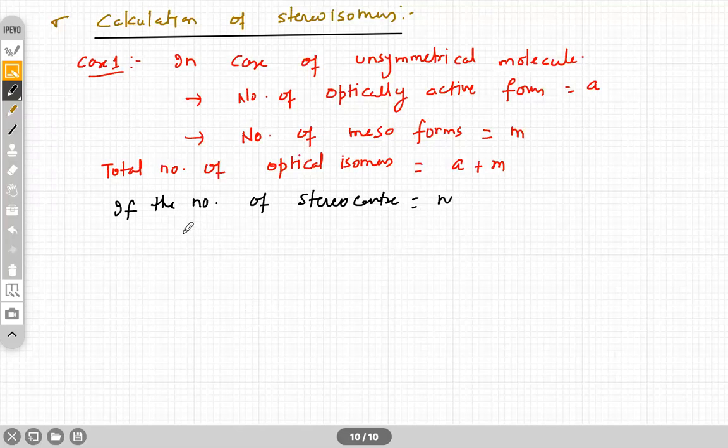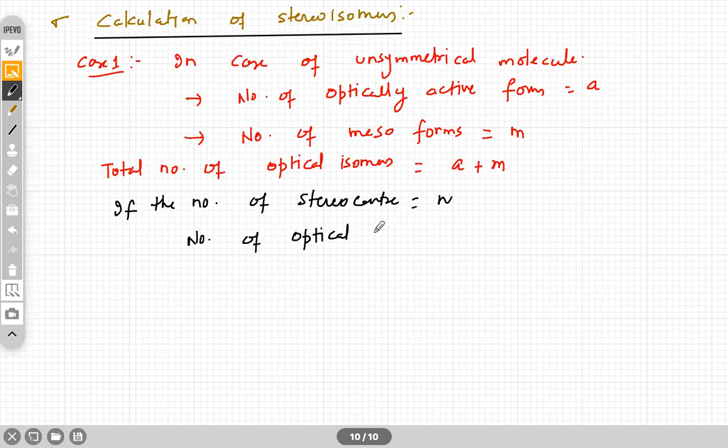Then the number of optically active forms, that is A, is equal to 2 to the power n, because we can have R or S across this, right? Since it is an unsymmetrical molecule, the number of mesoforms, that is M, equals 0.